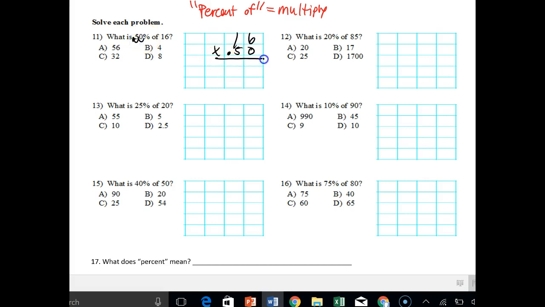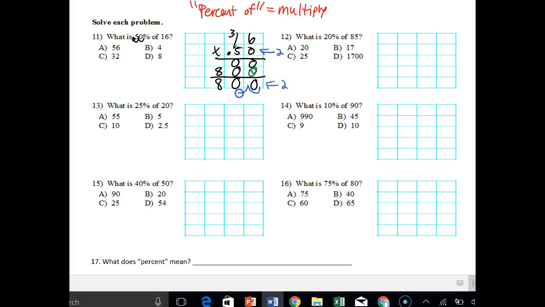It's 0.50, and then just multiply. So we have 0 times 1 is 0. Lay your egg. 5 times 6 is 30, so 0, carry a 3. 5 times 1 is 5, plus 3 is 8. And let's add it up. So we get 0, 0, 8. Notice again, you have 2 numbers behind the decimal, so you're going to have to swoop twice.